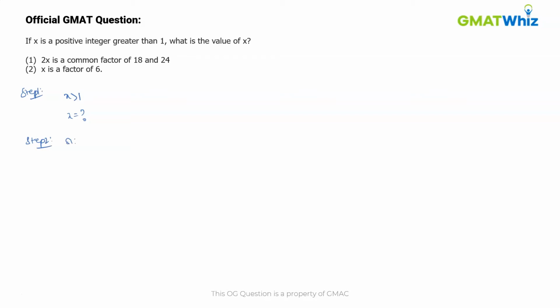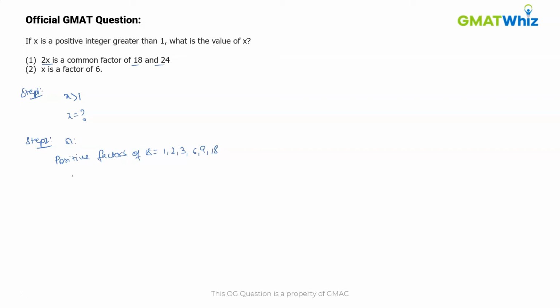Statement 1 tells us that 2x is a common factor of 18 and 24. Now, since x is a positive integer, 2x will also be positive. So, the positive factors of 18 are 1, 2, 3, 6, 9 and 18.